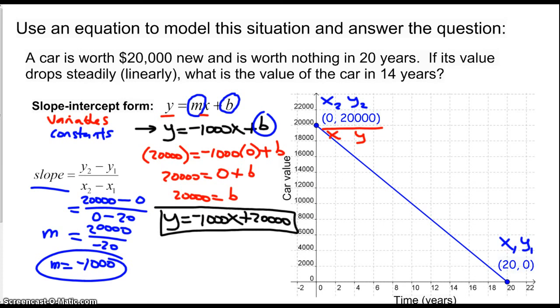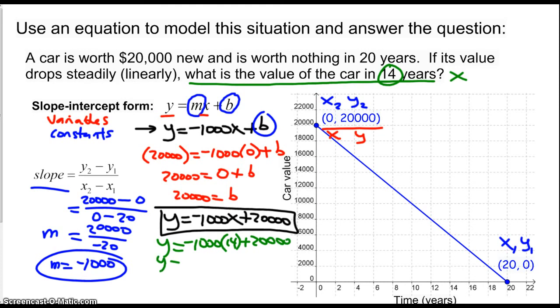I could now plug any value that I want in for x, and I can find the corresponding point for y. So now let's use it. It says, what is the value of the car in 14 years? So what I want to do is plug this 14 in for x, and then see what y is. Y equals negative 1,000 times 14 plus 20,000.